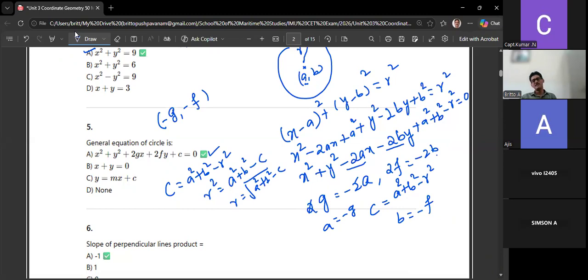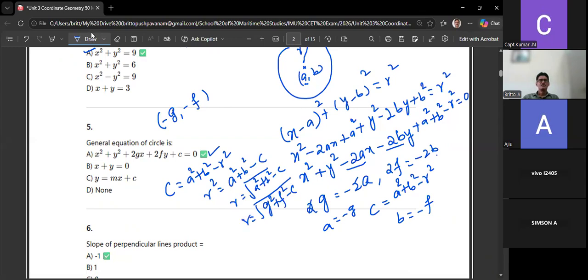But what is a? a is minus g, b is minus f. Then c is given in the problem. If you put the values here, you get the radius formula, which is the square root of g square plus f square minus c.